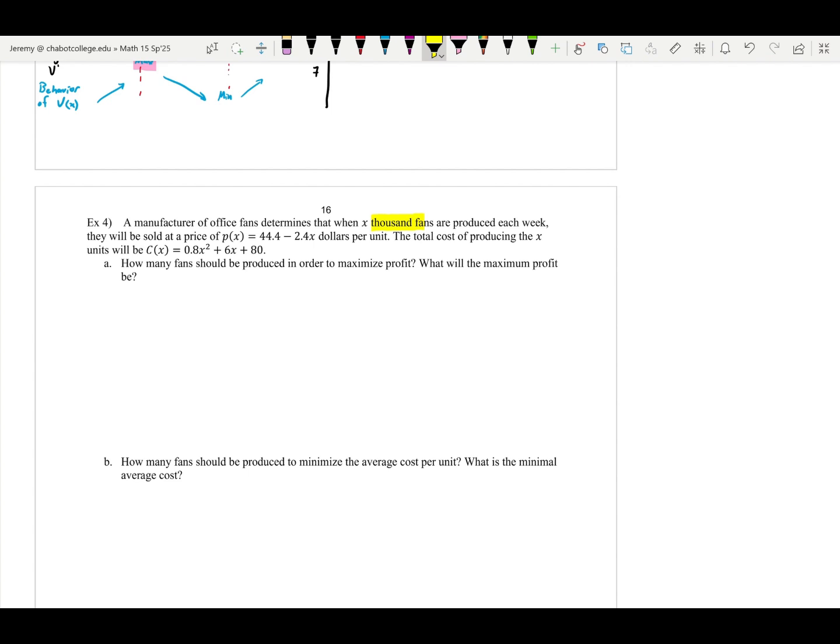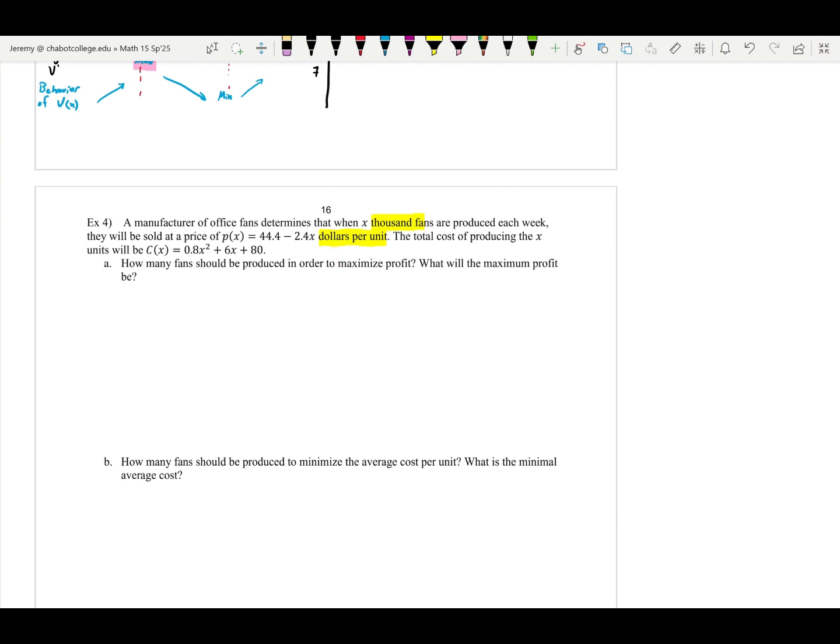Just highlight these units here. The total cost of producing x units will be C of x equals 0.8x squared plus 6x plus 80. Okay, so that's the cost, presumably in terms of dollars, because we saw that up there.